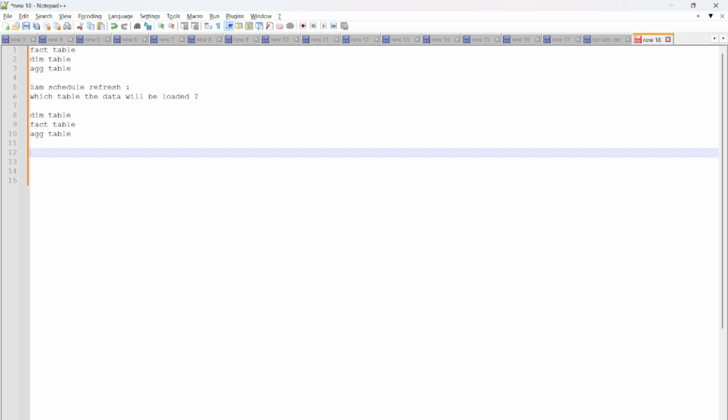Let me give one small example. Say you go to a restaurant and we ordered 3 items. We had our lunch, and then the manager generates the bill. How will the manager generate the bill, based on the customers or based on the items we ordered? Say there is an item called fried rice, and 10 customers may order the fried rice.